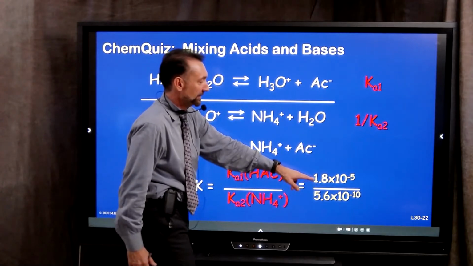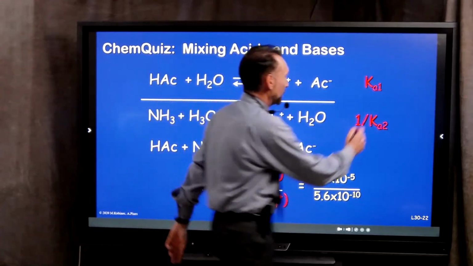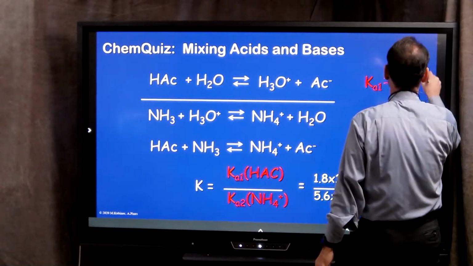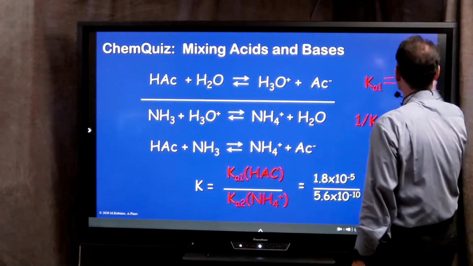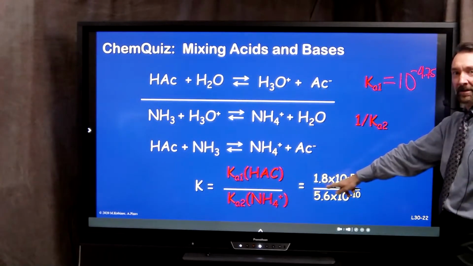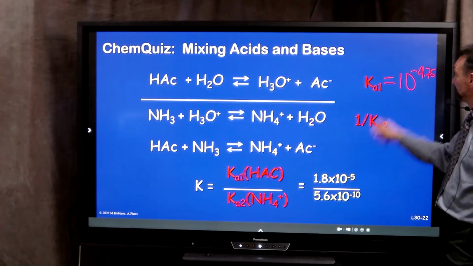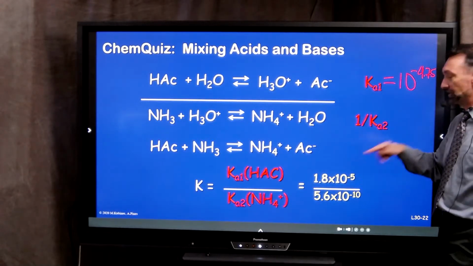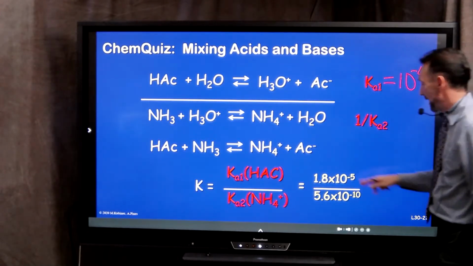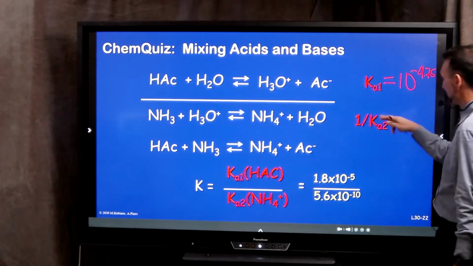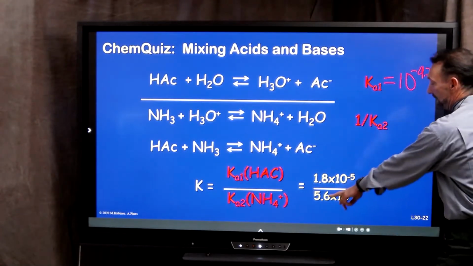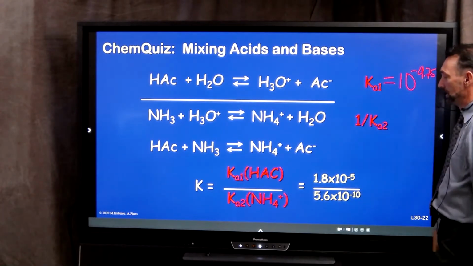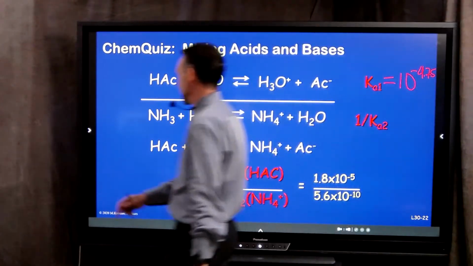That is, I was saying here, it was 10 to the minus 4.75. 10 to the minus 4.75 is 1.8 times 10 to the minus 5. That decimal translates into this integer exponent. And the same thing here, I've taken the 1 over Ka2 to get that equilibrium constant.